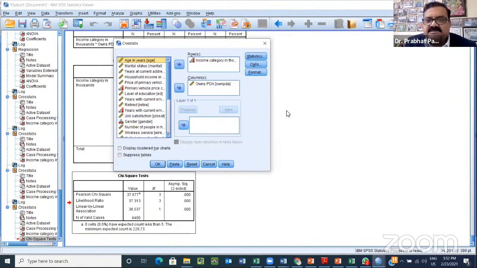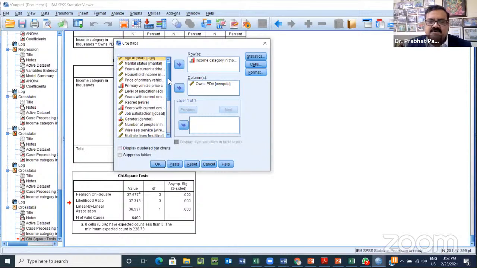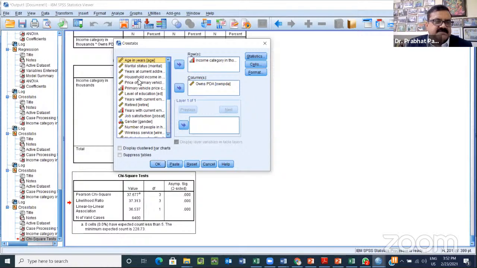This researcher who was studying the relationship between income and purchase also thought that we are talking about digital assistance, so probably education also must have played an important role in it, right? So what he did was that he took the data for levels of education, and he put it here as a layer variable.